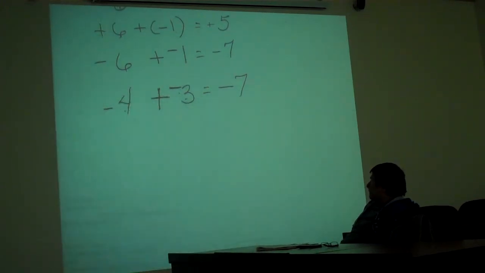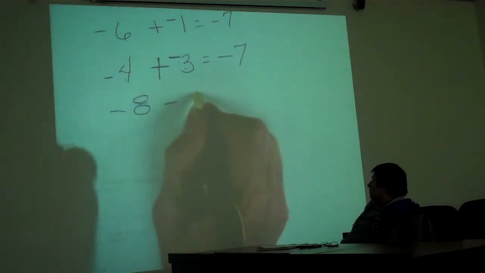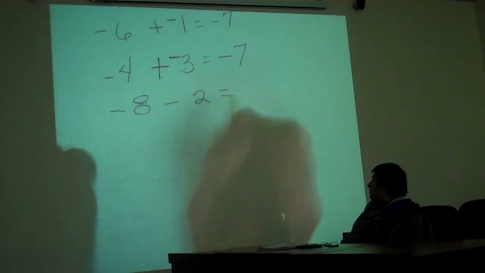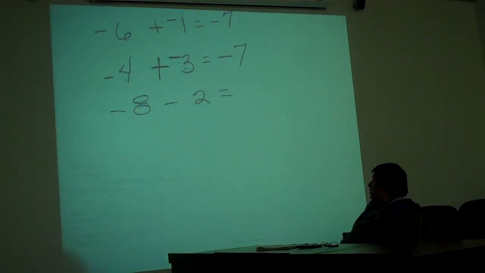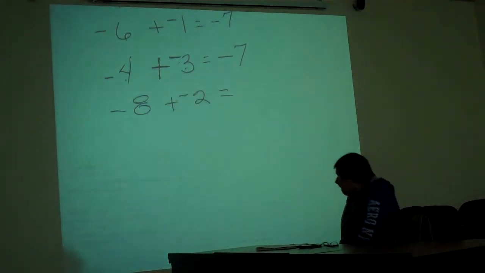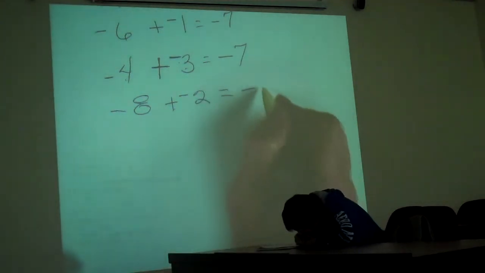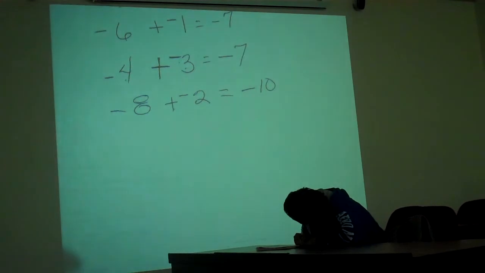So what's it going to be if you have negative 8 minus 2? First you want to show that this one is adding a negative. So what's the answer? Negative 10. Okay?